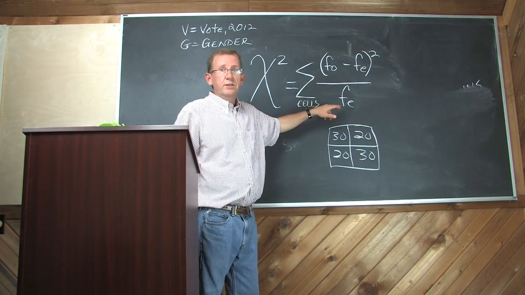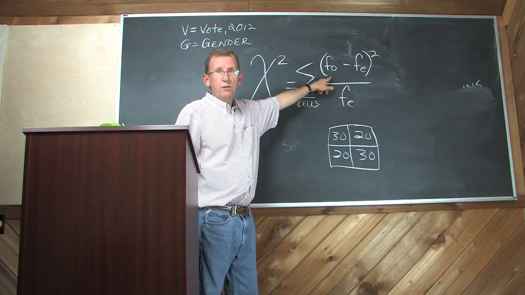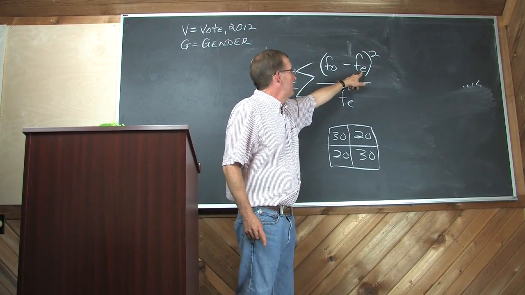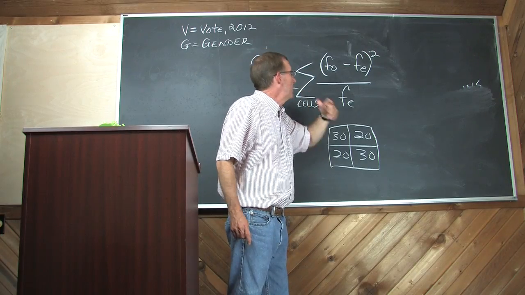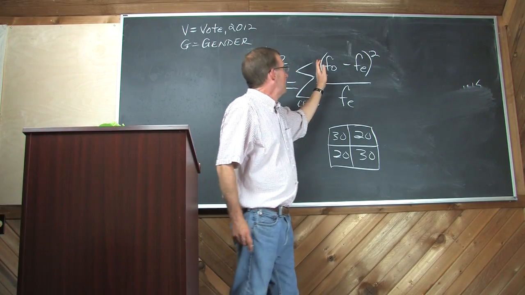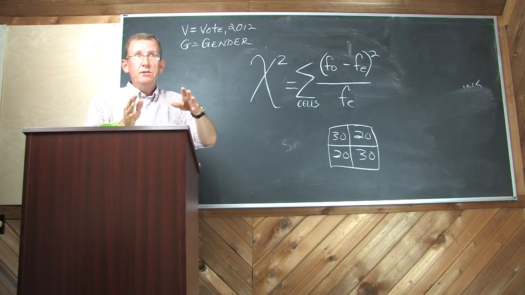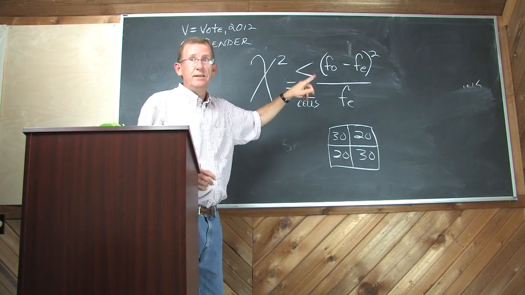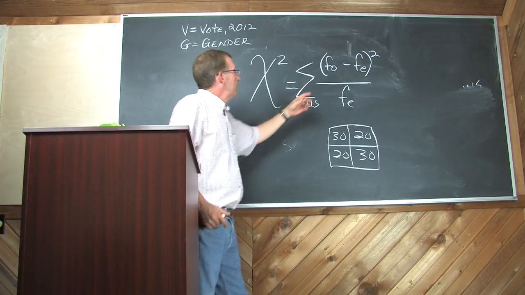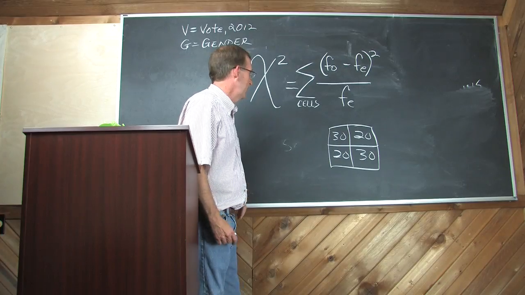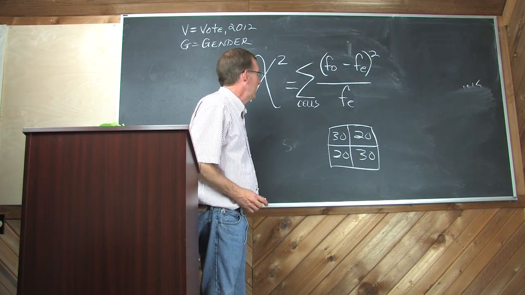The observed frequency, which is what F sub O means. F sub O means observed frequency. I want to write that down. F sub E is the expected frequency. That difference is squared. Chi-square is a distribution of a sum of squares. We're going to add those up. This thing then divided by F sub E. Show you how to do that in a moment, or in the subsequent video.